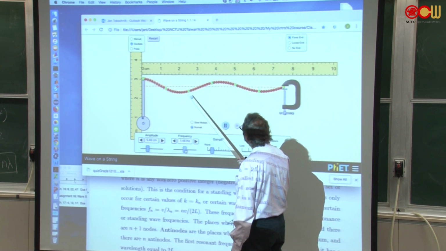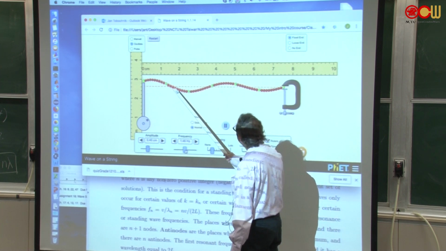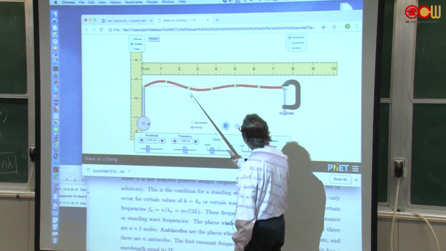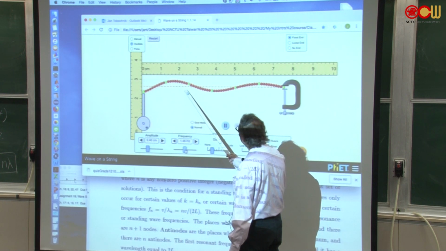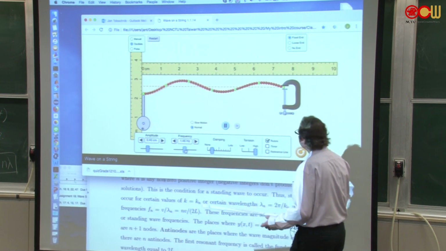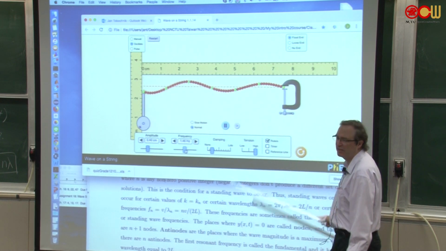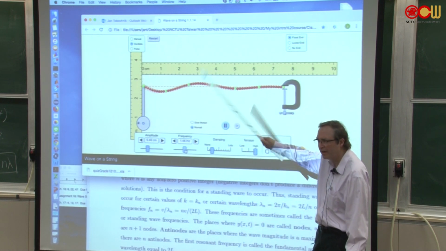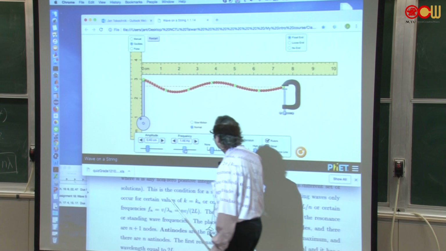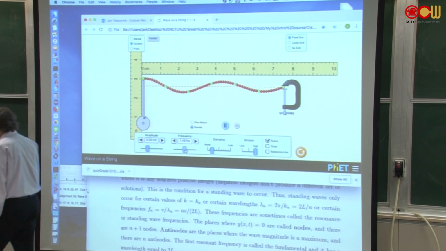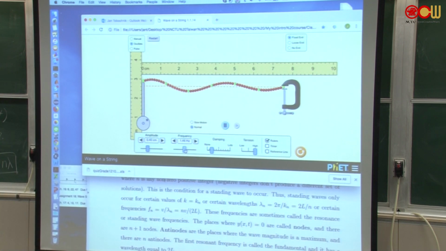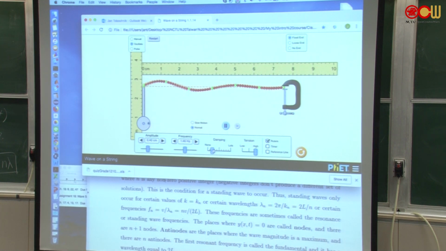But if you look at it a little bit, it's not traveling as much down the wave. It's mostly going up and down. And that would be a standing wave. Let me try and make the amplitude smaller. I'm going to cut the damping down to nothing, and then make the amplitude a little smaller.